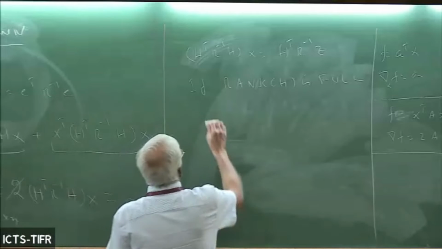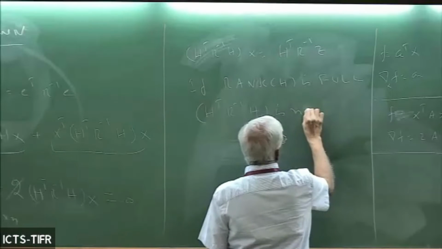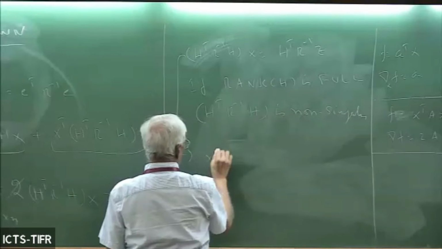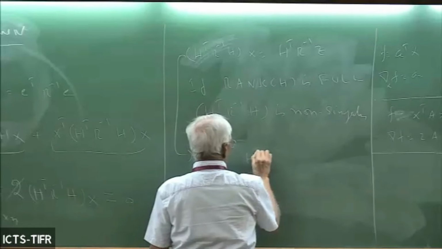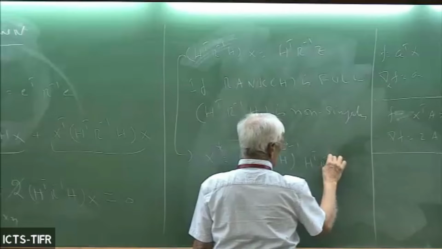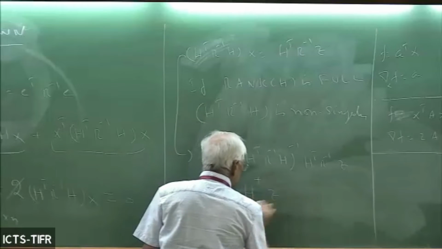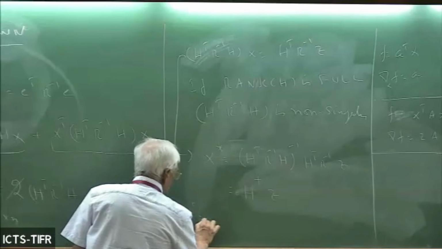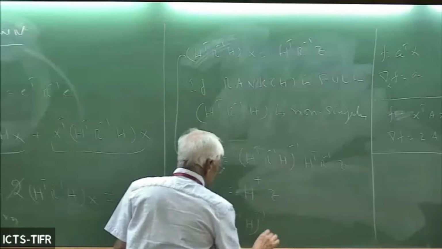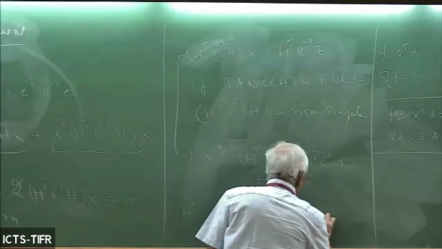This matrix H transpose R inverse H is non-singular. Therefore, my least squares solution X star is equal to (H transpose R inverse H) inverse H transpose R inverse Z, which is equal to H plus Z, where H plus is equal to (H transpose R inverse H) inverse H transpose R inverse. That is the generalized inverse.